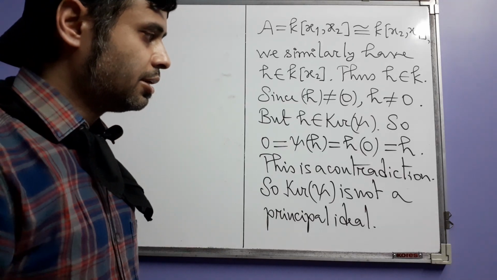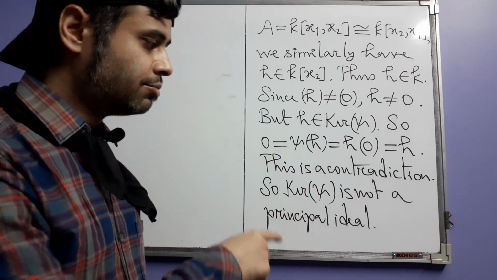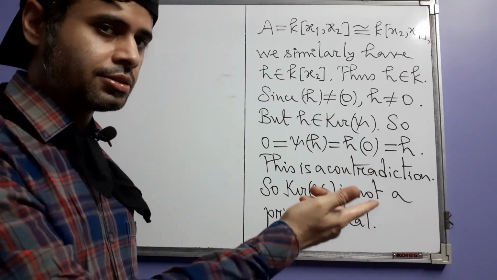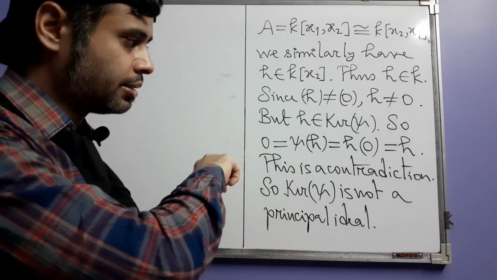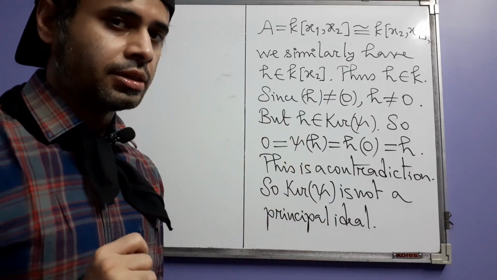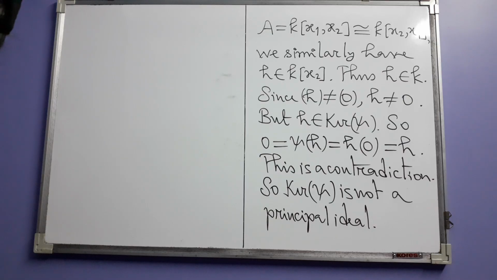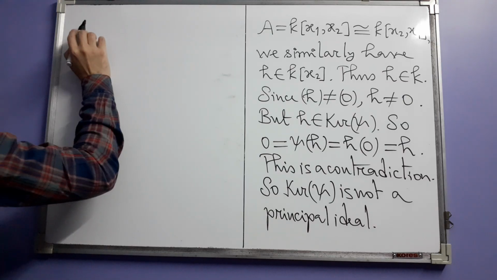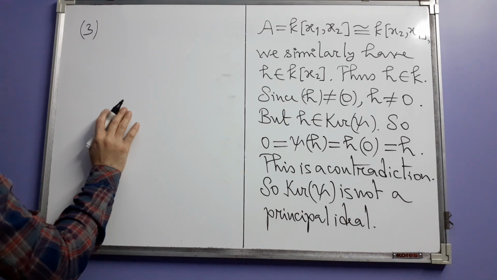So it cannot be linked with any irreducible element or anything the way we linked prime ideals with irreducible elements in the ring of integers and in the polynomial ring where there is only one variable. That's the point. And let us see another thing. This is the third example.